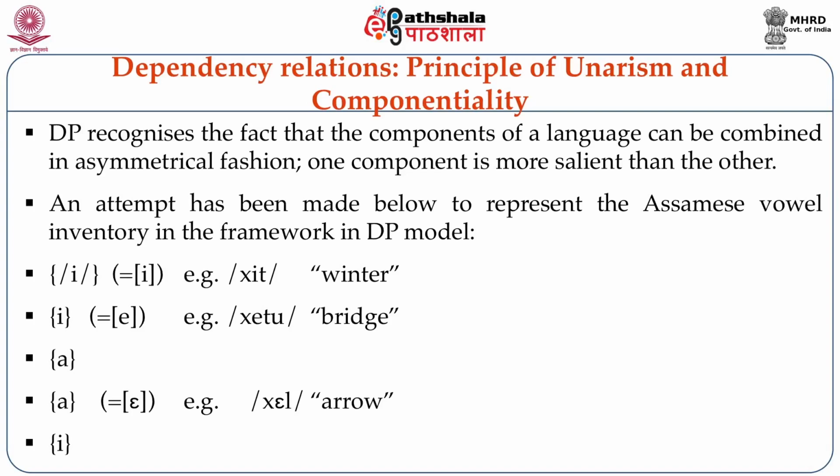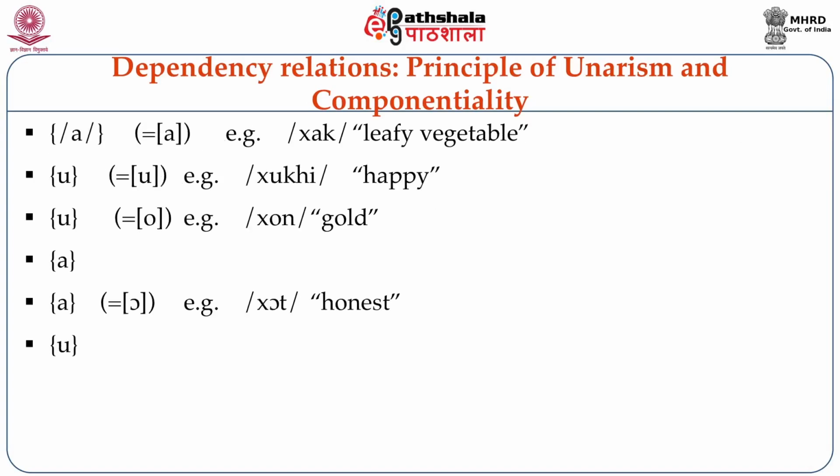It is a kind of combination of two vowel properties. In the same way, the other vowel is also a combination of two vowel properties. So how will you show this? If you say one is not the other, that is not sufficient, right? So in dependency notation, how you represent this mechanism is, you can see on the slide, within curly brackets and slash.